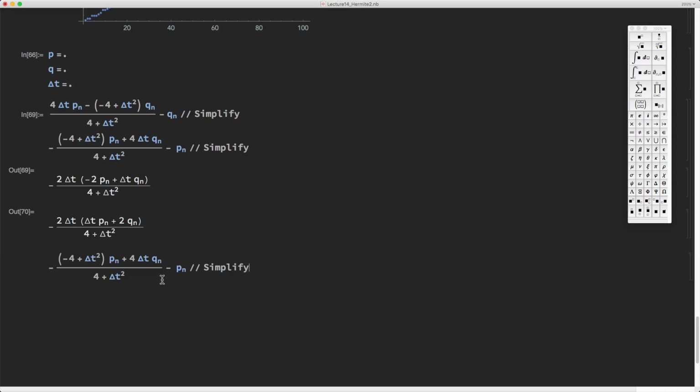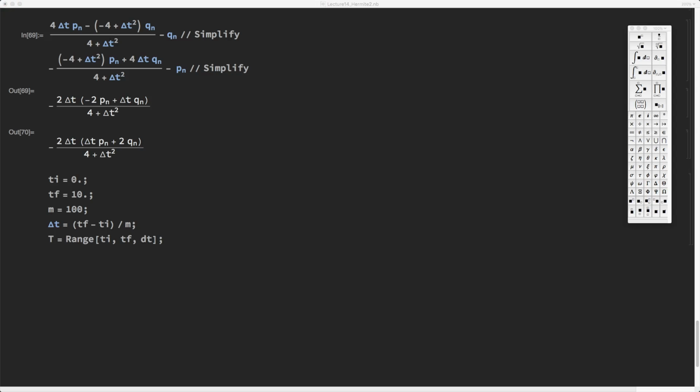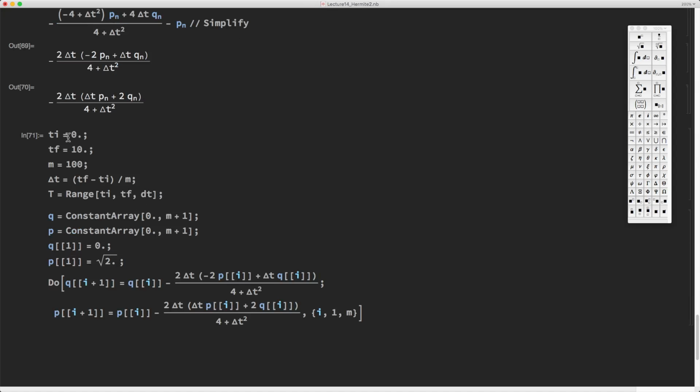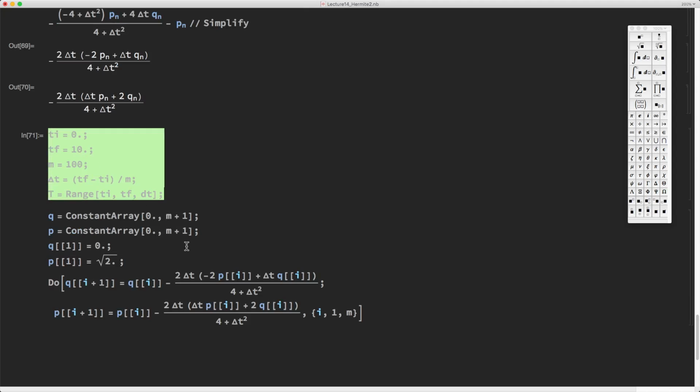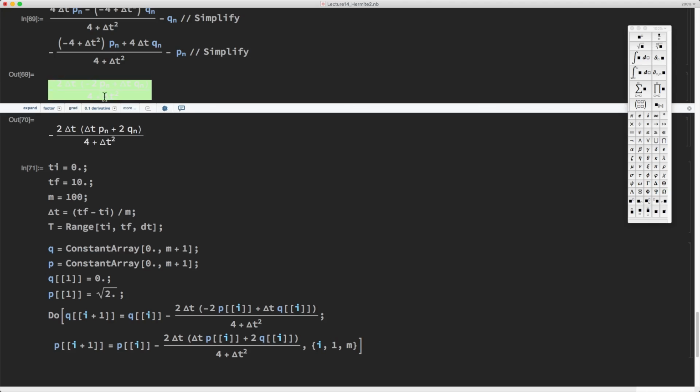So let's define our time grid again, and let's define our loop again. So every command is the same as before, except now I use these expressions for p and for q.